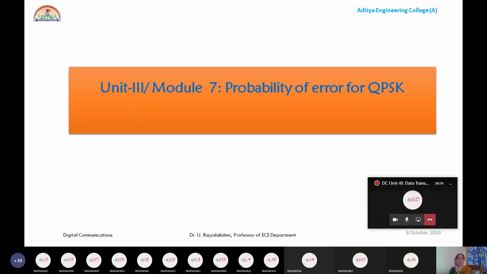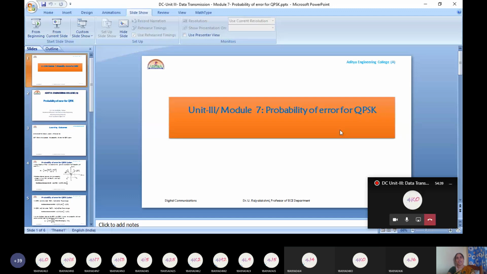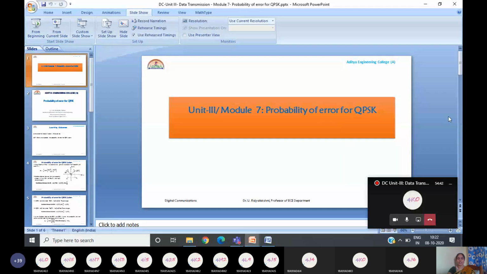For BPSK, we know that the probability of error is half ERFC of root EB by N naught. So the probability of error for QPSK also remains the same, because the Euclidean distance for both systems, BPSK and QPSK, is the same.